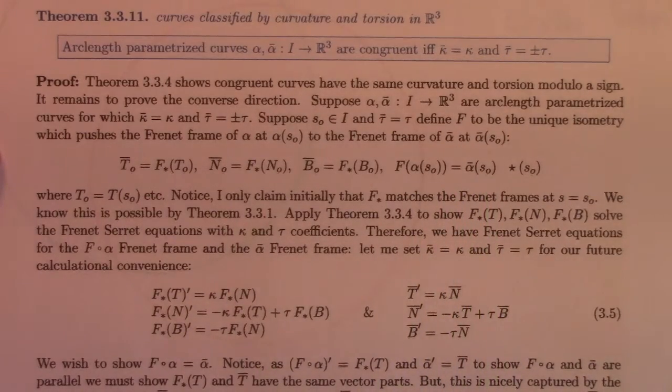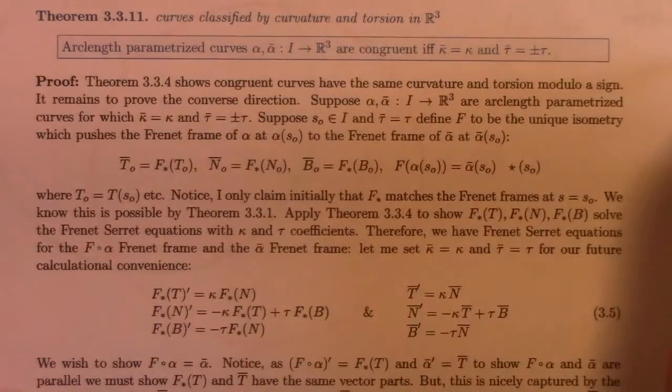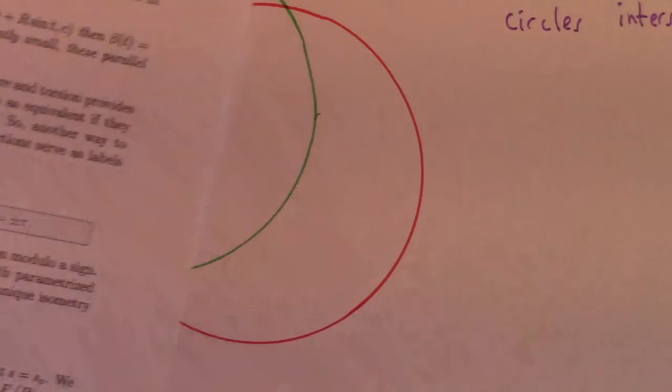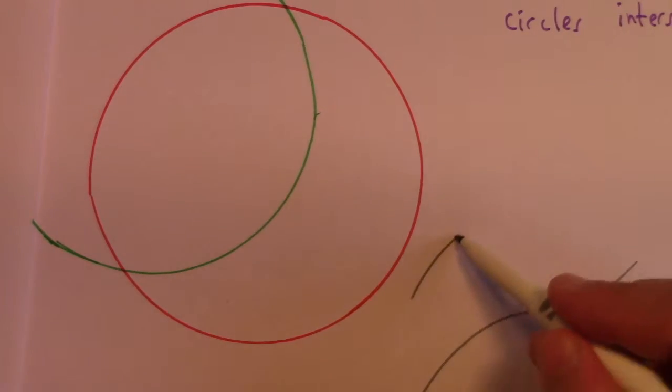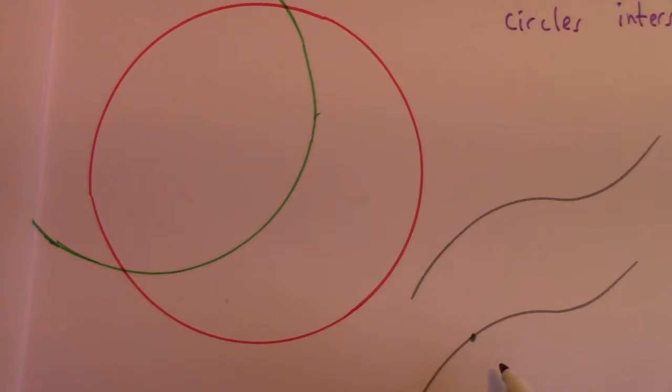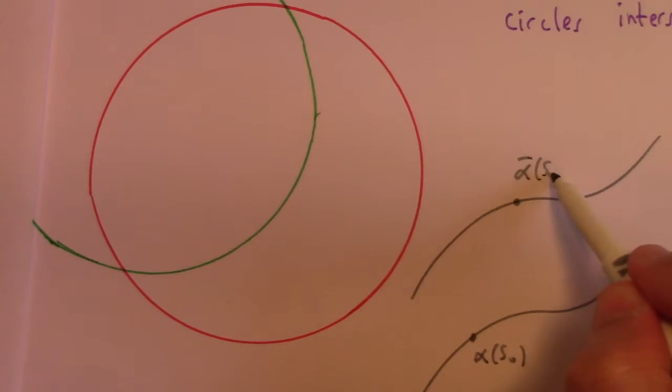So just to give you a picture for a second here, just give myself a reference dot. What's going on is we've got these two curves, right? And here's alpha of S naught, and here's, say, alpha bar of S naught.